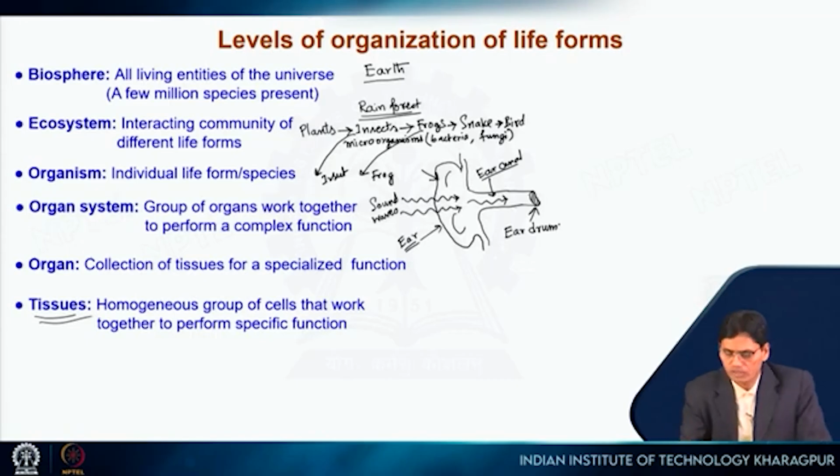So now what is happening here? We have small bones, tiny bones present just after the eardrum. They can also vibrate. As a result, this sound gets amplified and reaches the next level through the middle ear, through these tiny bones.